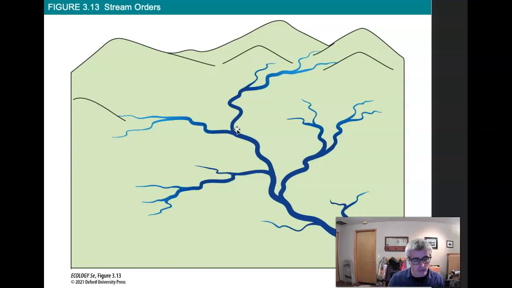Compared to higher order streams, which are lower in elevation, they're typically flatter and moving more slowly. The body of the river is typically exposed to some sunlight, which allows photosynthesis to happen, so they can generate some primary productivity within the system, as opposed to the lower order, the primary and secondary order streams, first and second order streams, that are reliant on detritus coming in from trees and plants surrounding it.